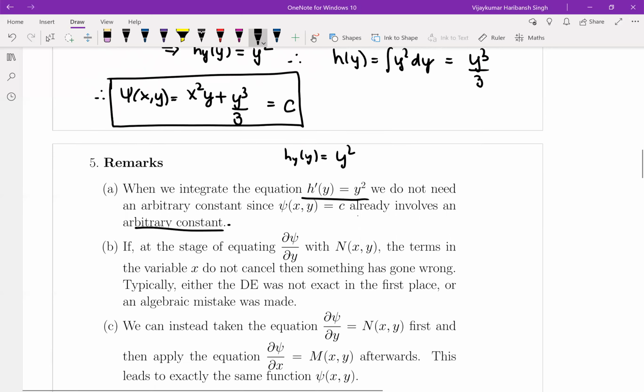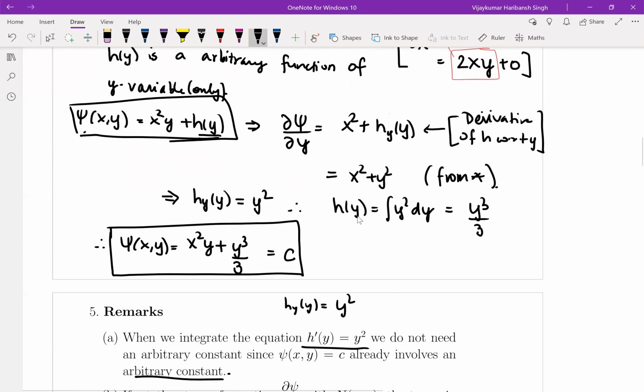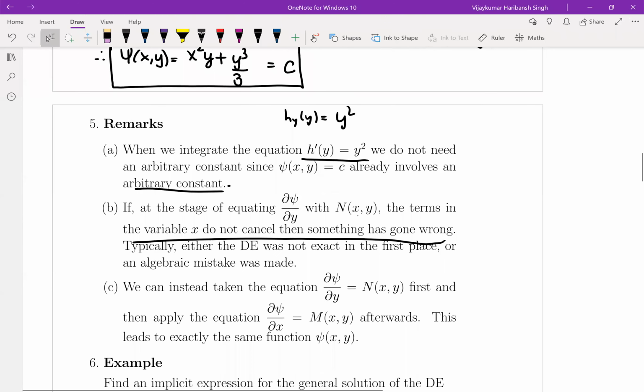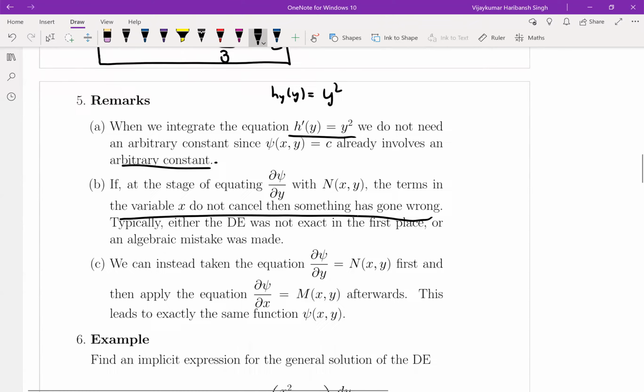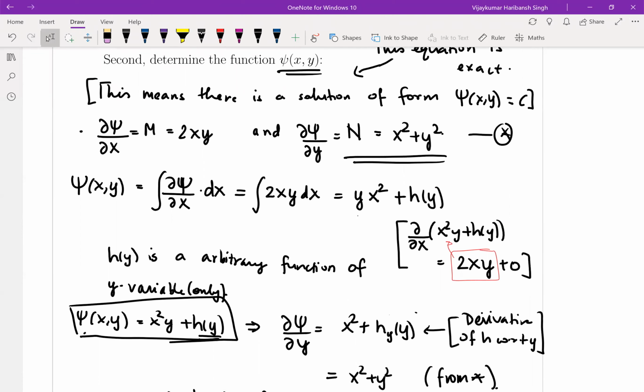Now suppose at any stage, if you equate the partial derivative of phi with respect to y with n, and the terms in variable x do not cancel out, that means you do not get h of y, so you have done something incorrect. Typically either the equation was not exact to start with, or you have made some algebraic mistake along the way. Now note that there was no reason why we chose to start with integrating m dx.